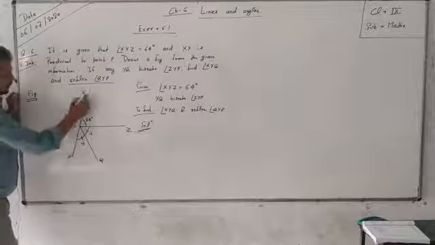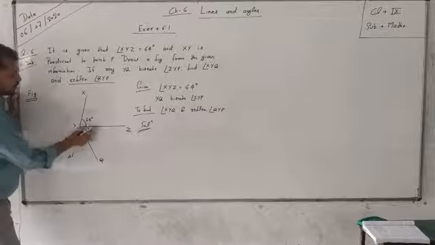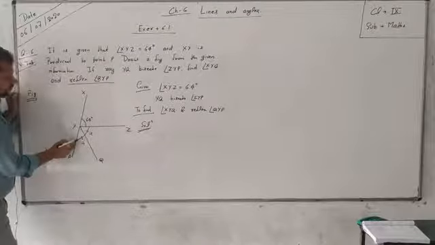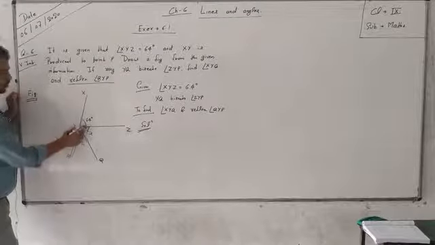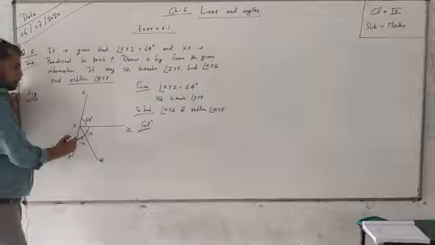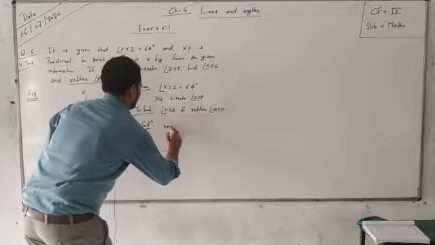Here, because this XP is a straight line and YZ is standing here, this angle and this angle form a linear pair. So the sum of these two angles is equal to what? 180 degrees.